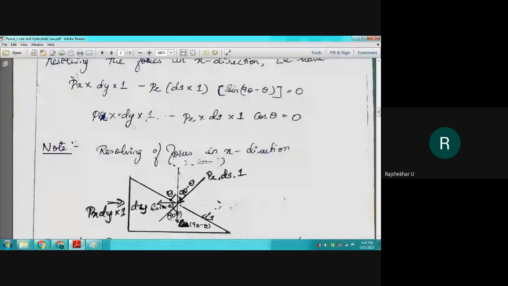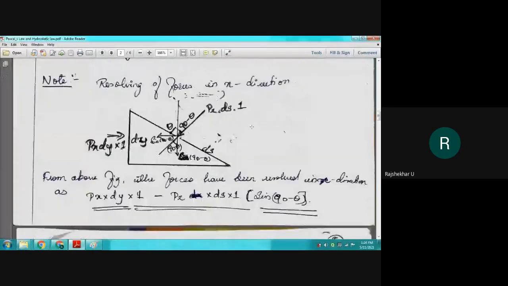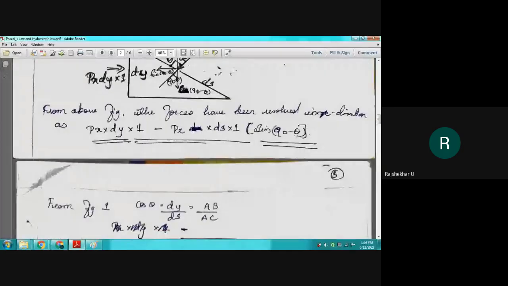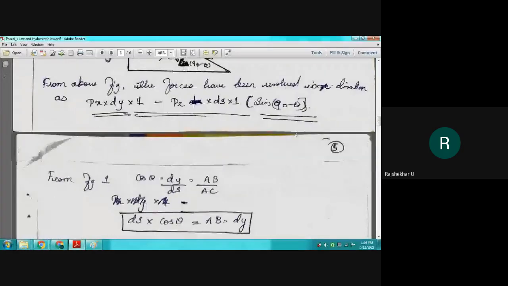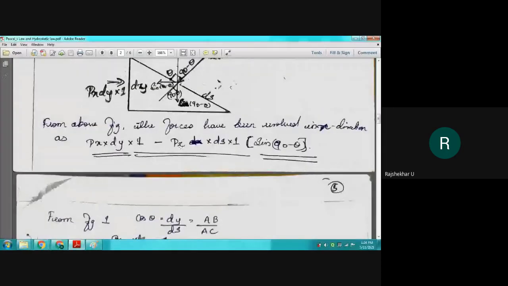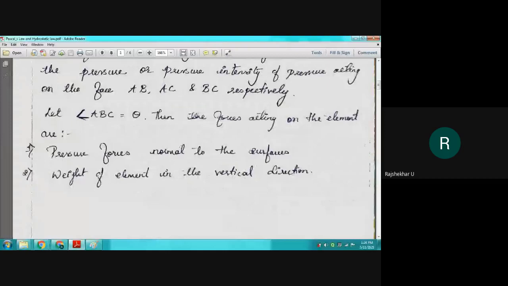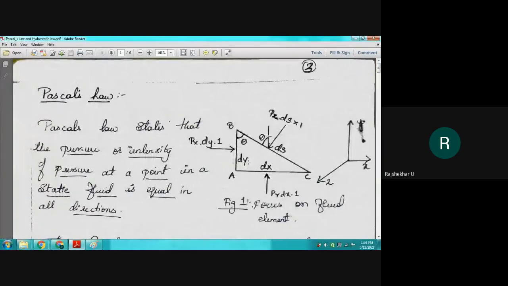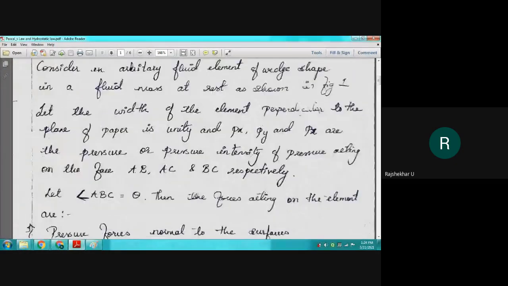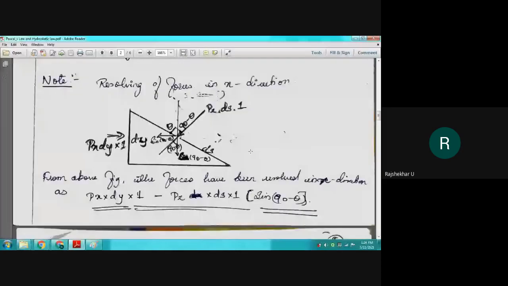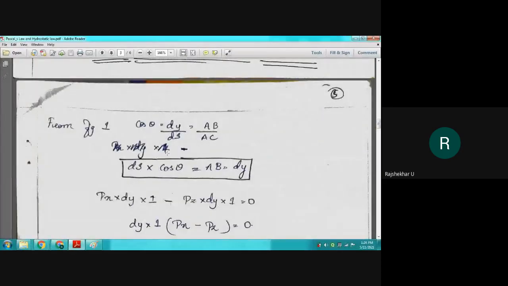After simplifying this sin 90 minus theta, whatever we get, that is cos theta. So cos theta is dy by ds. Cos theta is what? Adjacent upon hypotenuse, which is dy by ds. Again, if I substitute and simplify further, we will get ds into cos theta is equal to dy.